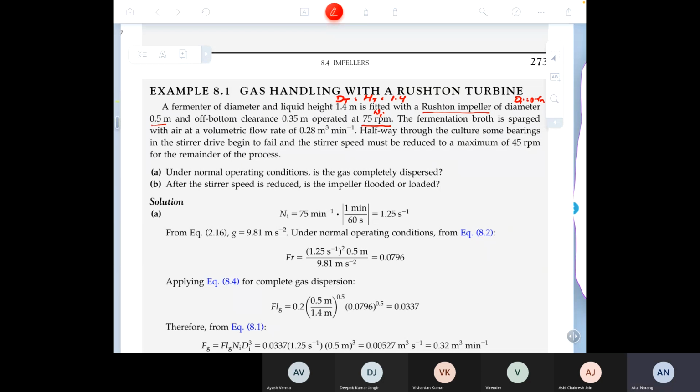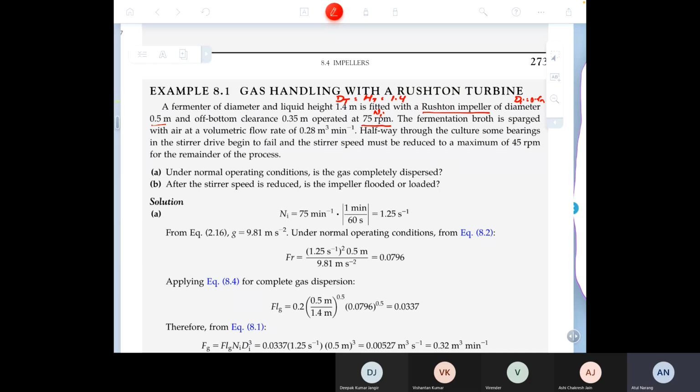And the second question says that after the stirrer speed is reduced due to the abnormal operating conditions, from 75 RPM to 45 RPM, what is the condition of the impeller? Is it flooded, loaded, or for that matter, does it remain completely dispersed? You need to check.